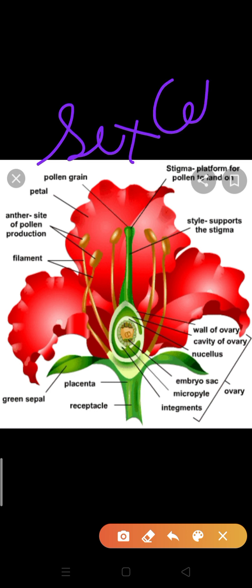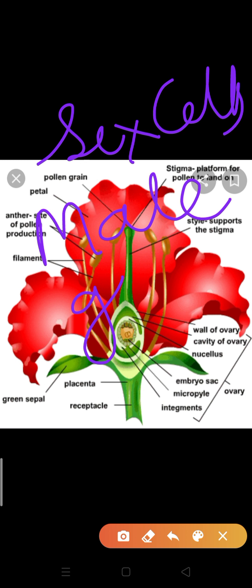Sex cells. Clear? In the case of plants, what are the sex cells? Inside the pollen grain, the male gamete is present. In higher study you will read that the pollen grain is not completely a male gamete; inside the pollen grain two male gametes are present.